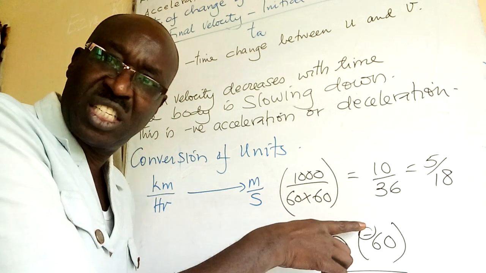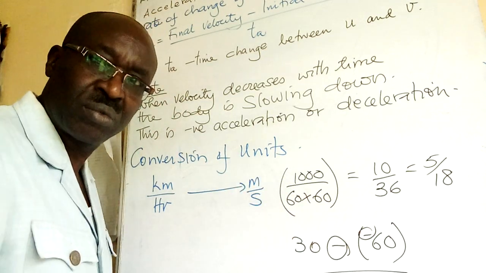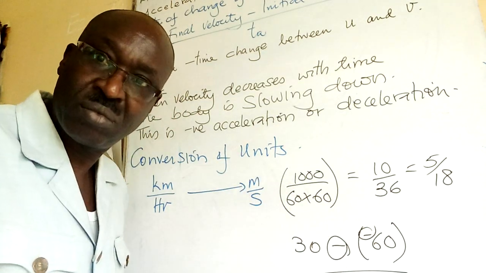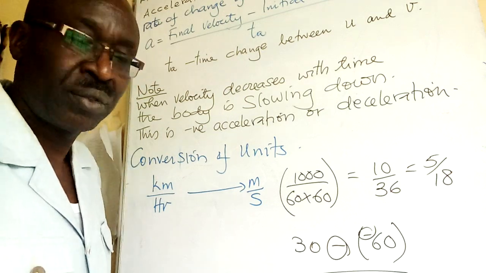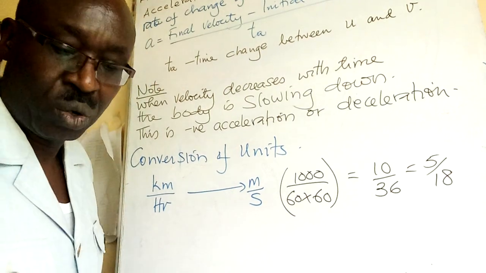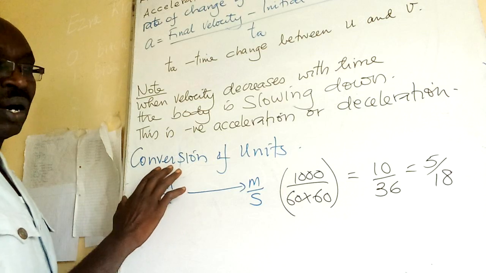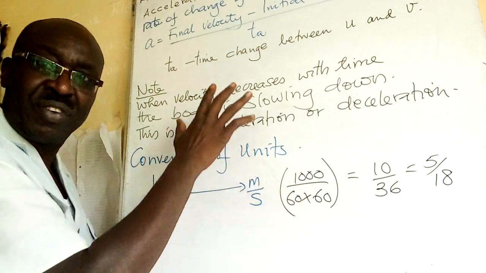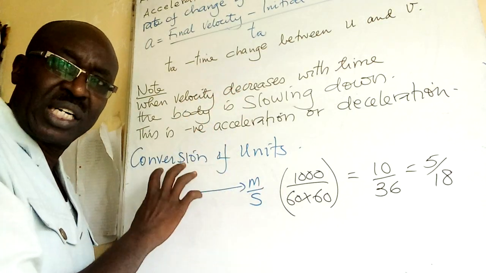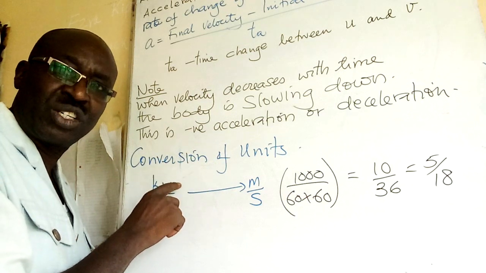Subtract. This is negative 60. Okay? So, having concluded those terminologies, let us look at some aspects of conversion.